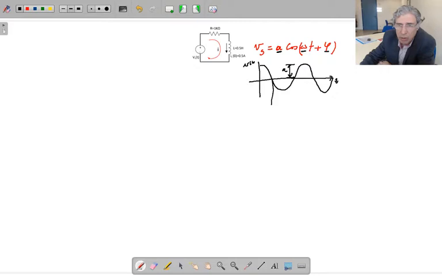That's the period. That means this part is repeated. The time interval for one period is capital T. In 1 second, how many capital T's are included is the frequency. Multiplied by 2 pi, that gives you the angular frequency. That omega is this omega.